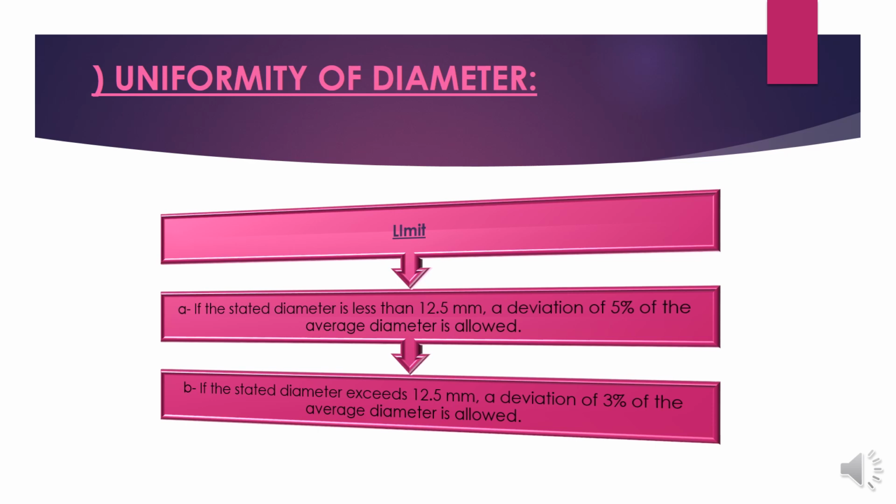So in case your tablet has a diameter larger than 12.5 mm, say 13, 14, or 14.5 mm, you have to calculate the 3% of that 13 or 14 mm, and then place a range for the acceptance of the tablets that are being tested.